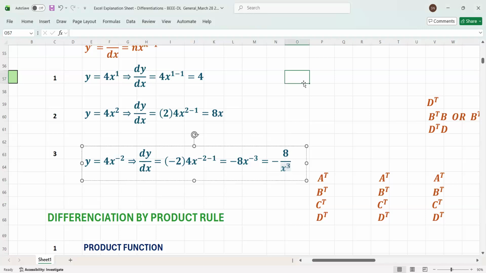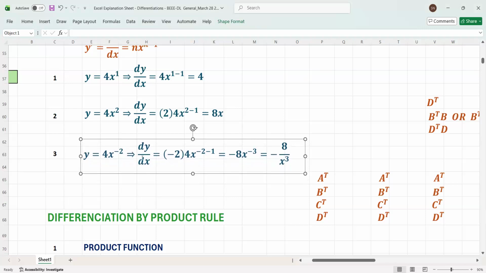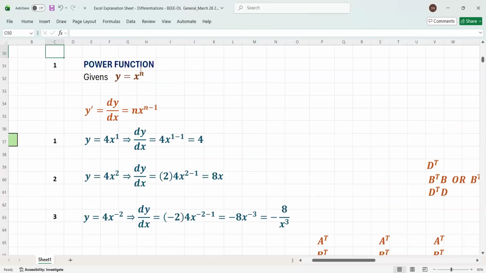I want you to start again, because we started with 4x to the index negative 2. Where did we get this negative 2 after dy/dx? Okay, so you remember that it is a power. The formula says that if it's raised to the power n, then the n comes to multiply.